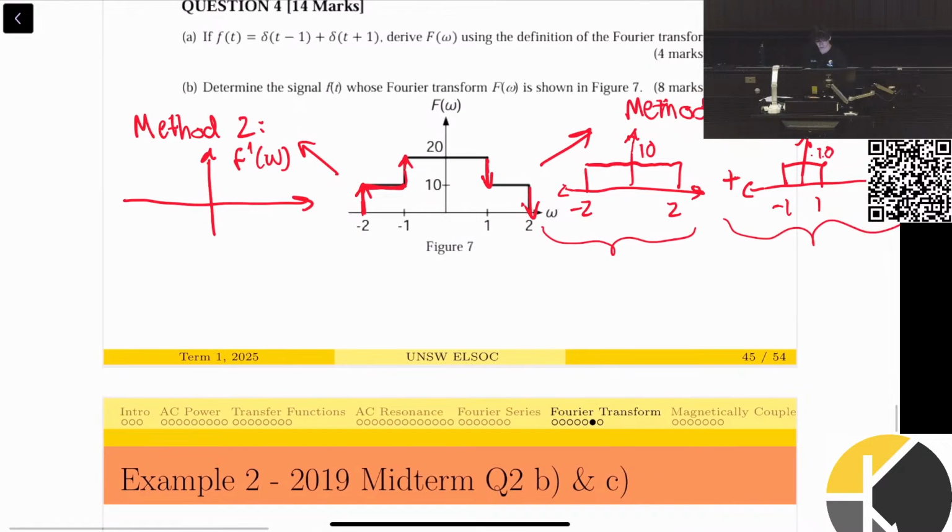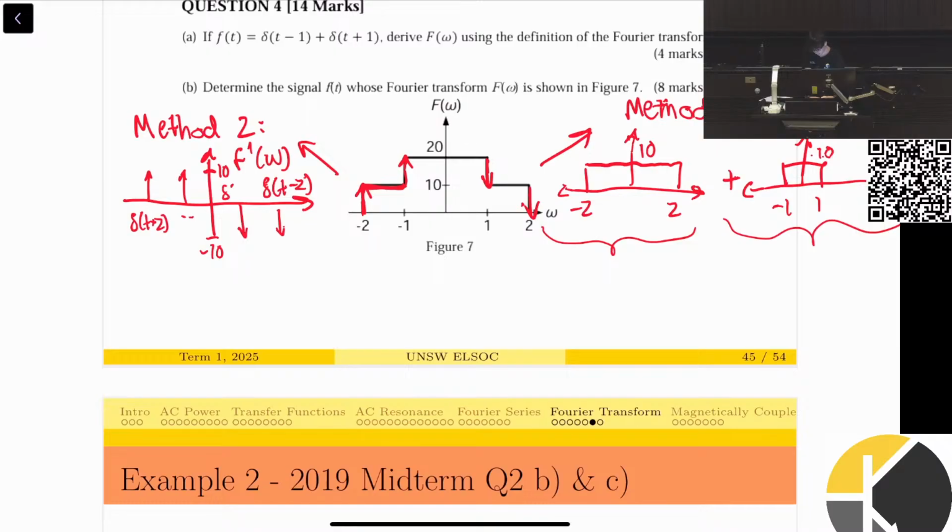So if I was going to draw the graph of the derivative, it would look something like this. And these would have an amplitude of however much the frequency changed. And this would be at delta of t plus 2, so on. This would be delta of t minus 2.